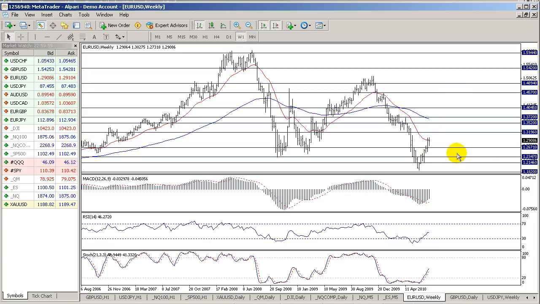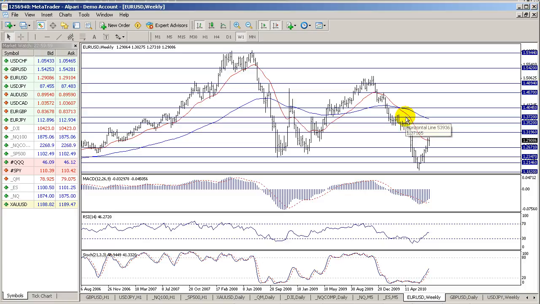If you take a look at the chart of dollar Swiss franc, you can see that the Swiss franc is even stronger than the euro, and the move from the late May low in the Swiss franc dollar chart is much stronger.